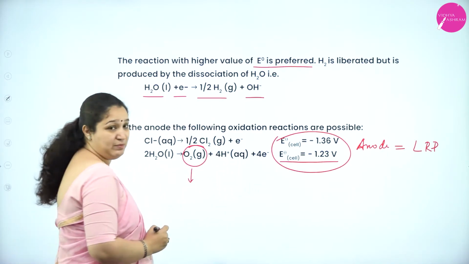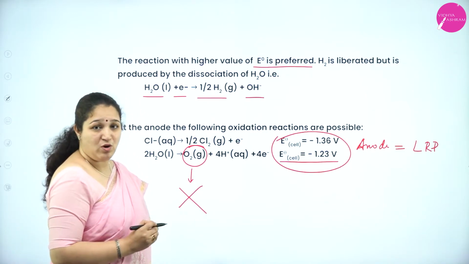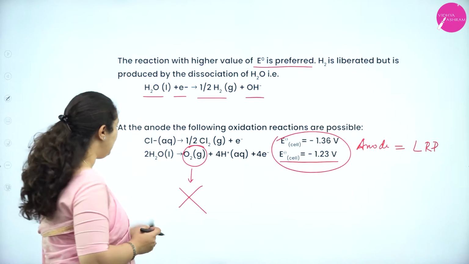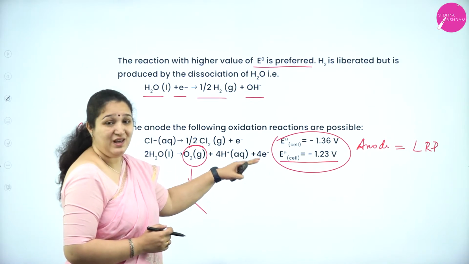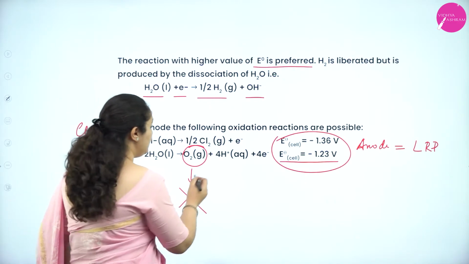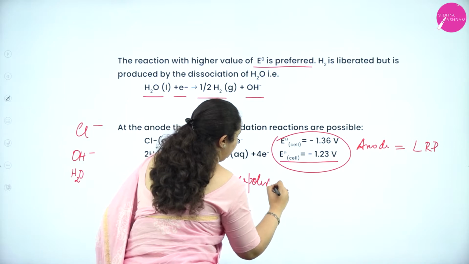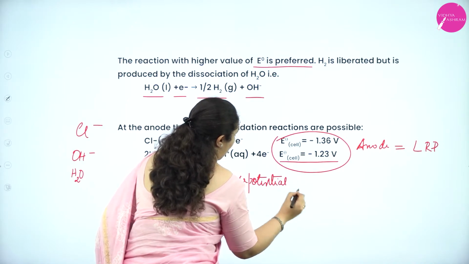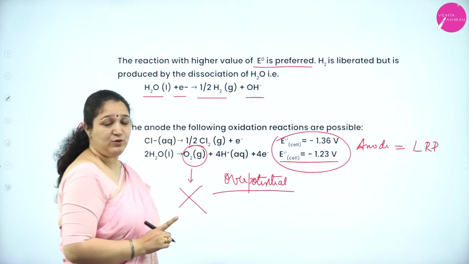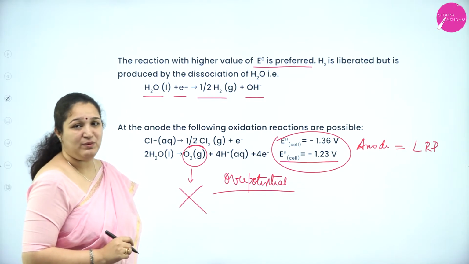Oxygen has to get liberated, but this is not happening because this particular reaction, if you see, is kinetically slow and it requires overpotential. So, practically, it is chlorine gas which is getting liberated.